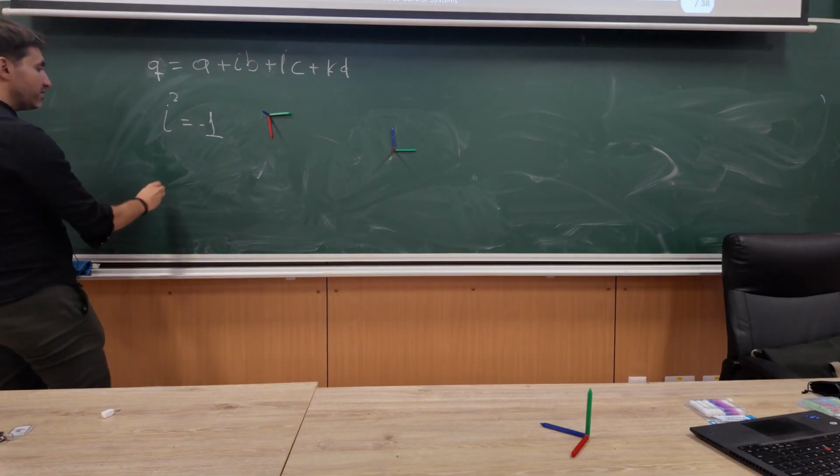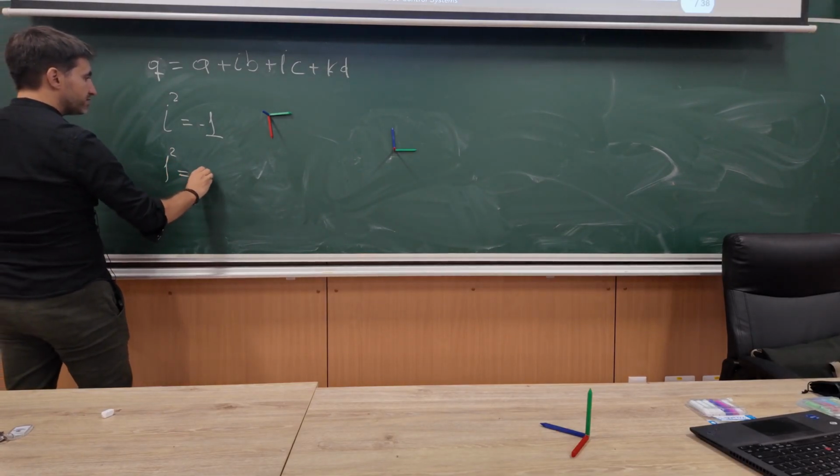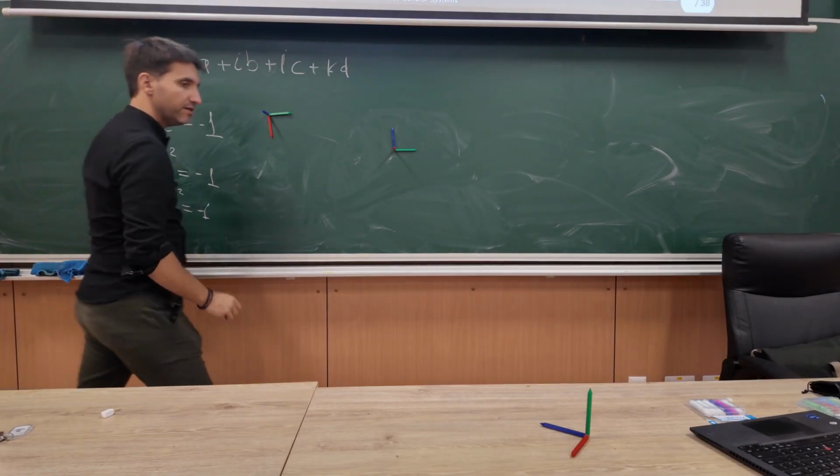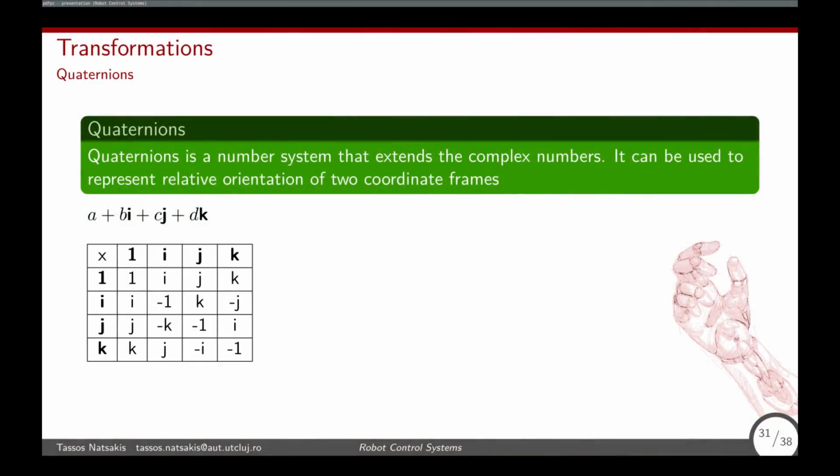And it's the same thing for all the other imaginary parts, plus some extra relationships which we represent using this matrix, right? Because we can multiply i, j, and k between them. So with this matrix, we see what we get if we multiply i with j, for instance.